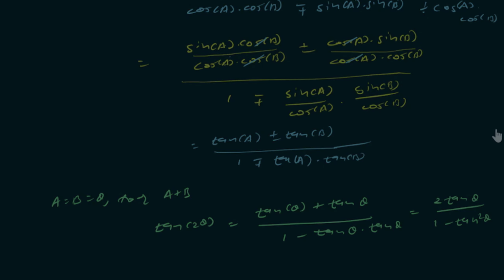Now we have one formula, which is cos square theta plus sin square theta equals 1. And we have cos 2 theta equals cos square theta minus sin square theta.